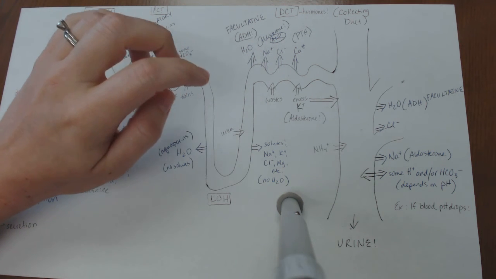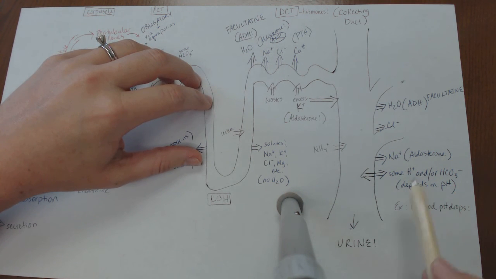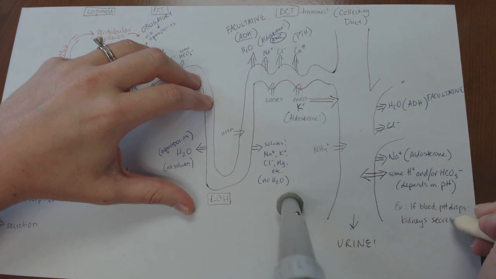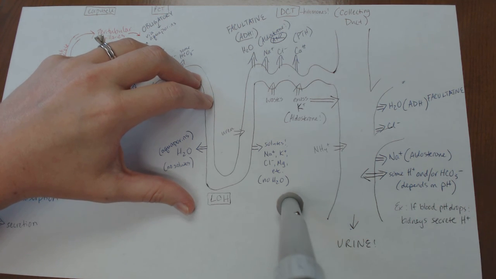And remember, acidity is just hydrogen ions. So if blood pH is dropping, the kidneys would secrete the hydrogen ions, because that's what's making the blood acidic and making the pH drop. Secreting them means getting them out of the blood and adding them to the urine so that they can't make the blood acidic anymore.